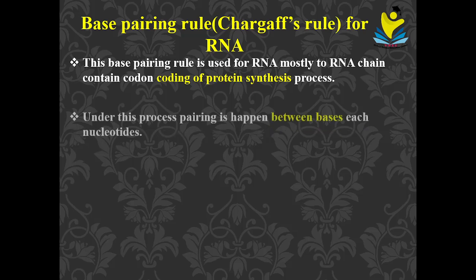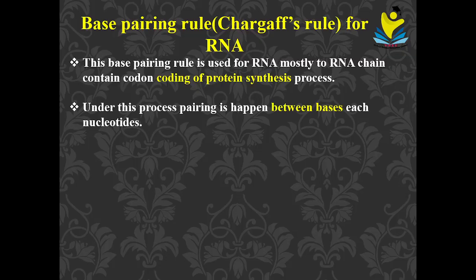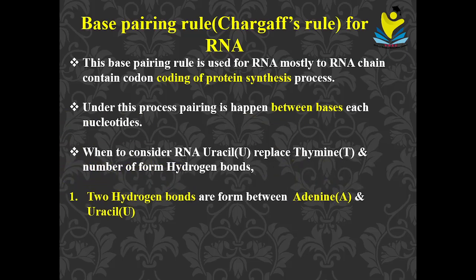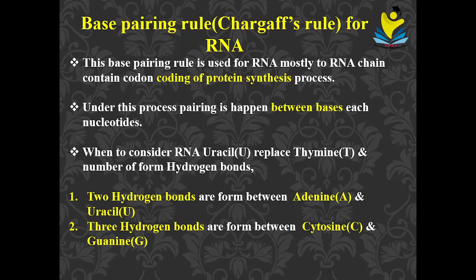Under this process, pairing happens between the bases of each nucleotide. In RNA, uracil replaces thymine and forms hydrogen bonds. Two hydrogen bonds are formed between adenine and uracil, and three hydrogen bonds are formed between cytosine and guanine. Okay, let's go to the next slide.